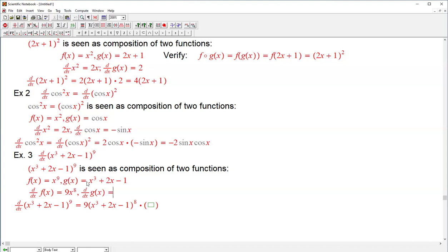We differentiate x raised to the power of 3, which gives 3x squared. The derivative of 2x is 2. The derivative of negative 1 is 0. So applying the chain rule, for the first part we apply the derivative of f, substituting whatever is in the parentheses, and then multiply by 3x squared.